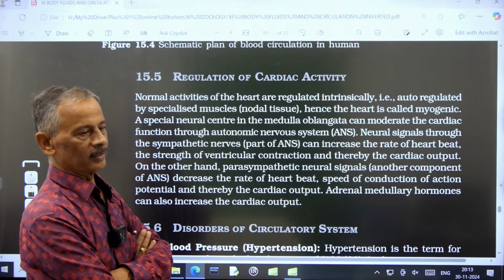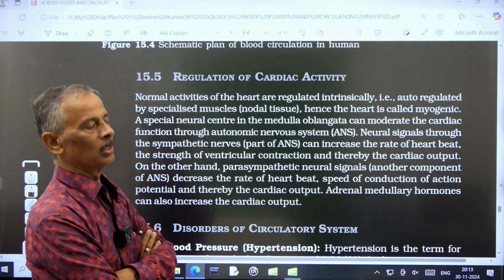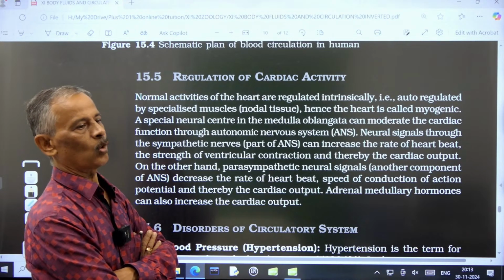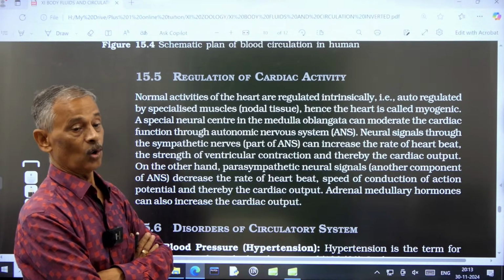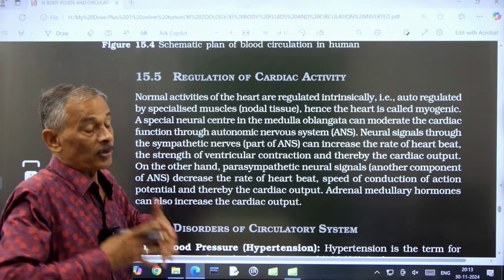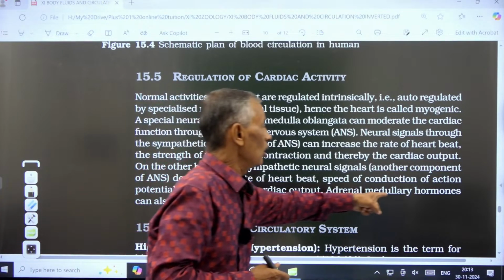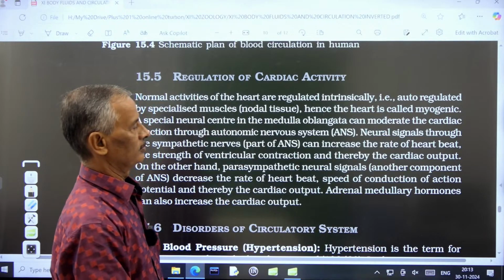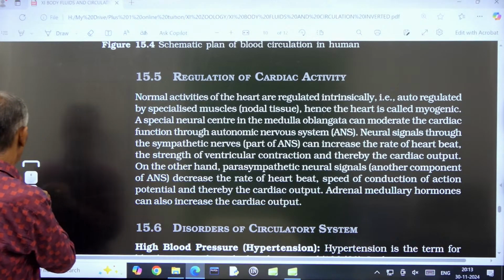Okay. Then, along with that neuronal control, you are also having a hormonal control. We know that when you are all afraid, or when you are in fear, or in emergency situation, our adrenal glands are producing the medullary hormone, adrenaline. So you please write it.